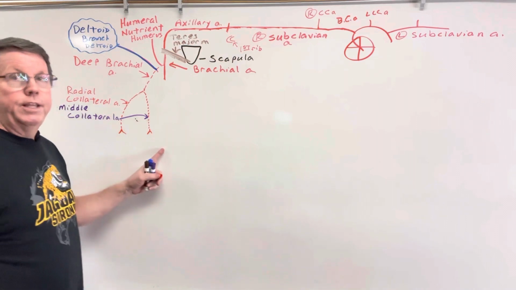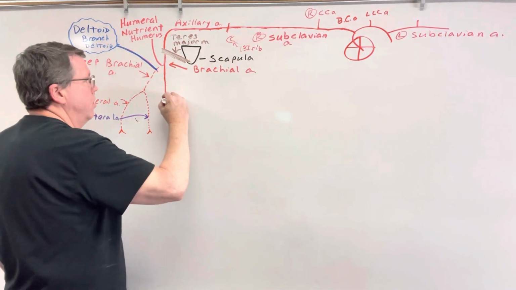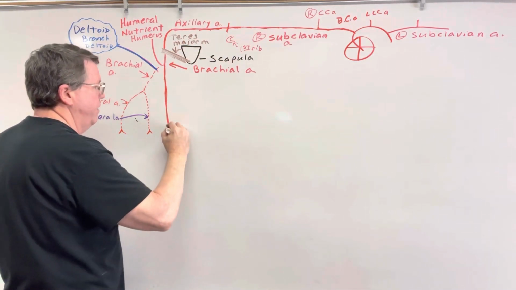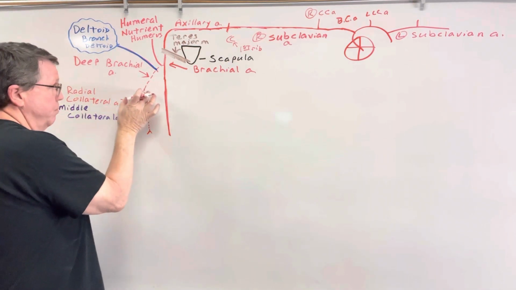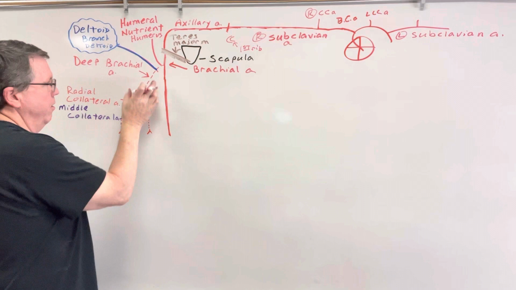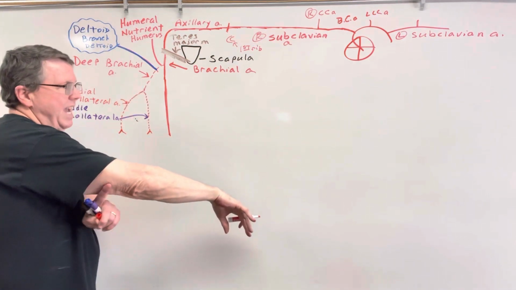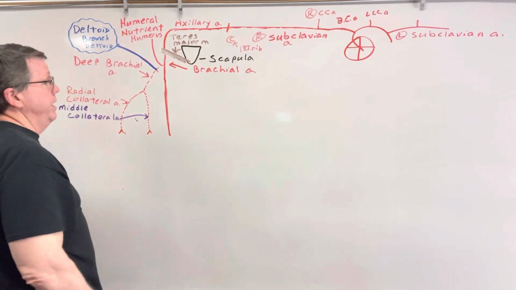So now, if we take a look here, this is going to be my brachial artery that's still coming down like this. Okay? Remember, these are basically supplying blood. This one's going to come anterior, but they're basically supplying blood to the back of the arm. That's what the deep brachial artery does.